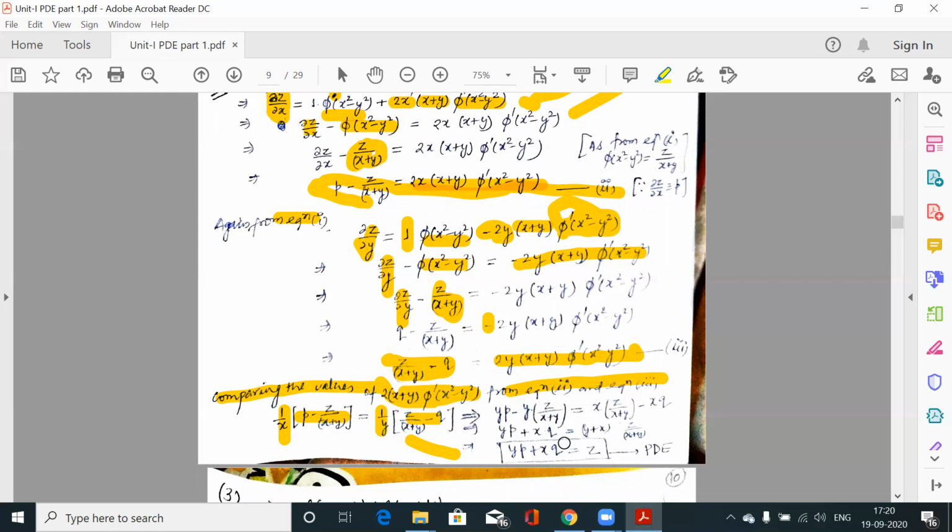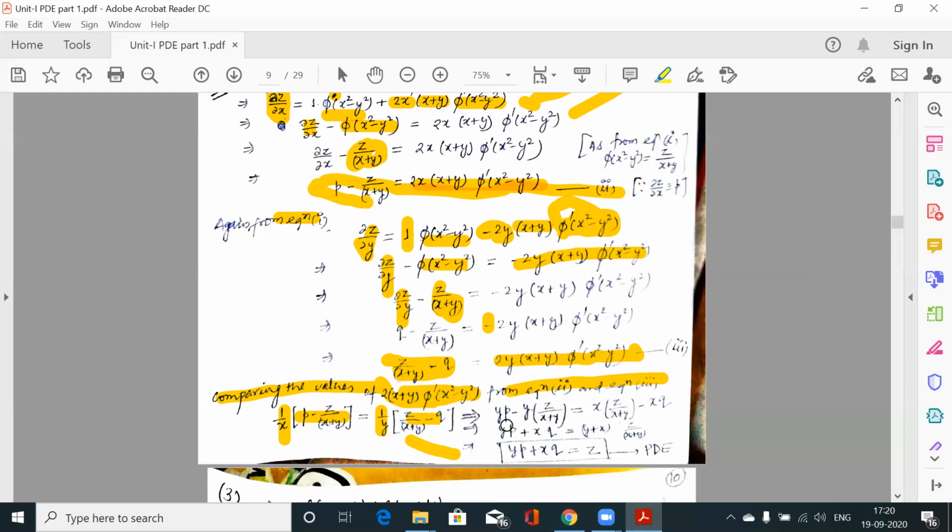You can observe this process by simply going through the equation. First, this yp. I have taken this y this side, x this side. So multiplying y over here. So yp minus y times this and x here. So means x into z over x plus y x cube.